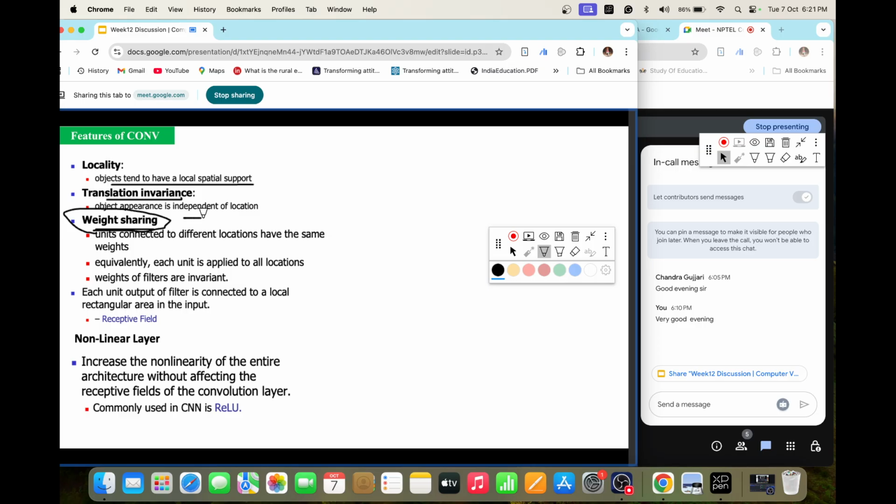That is why we use weight sharing, as we are just convolving the same filter again and again.